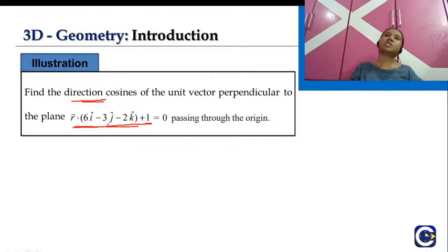This question is a mains level question, because many students make mistakes when it comes to direction cosines. So I'm telling you to give it a try first, and then we can discuss.